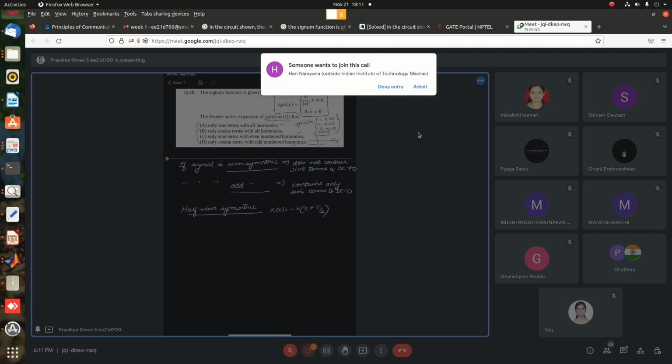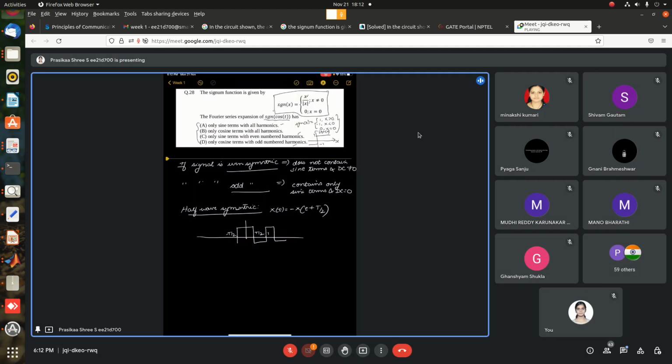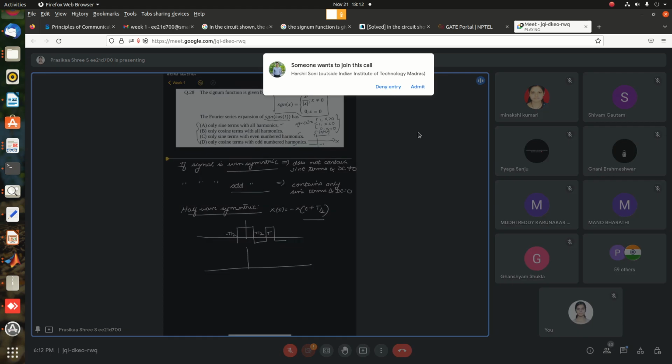Suppose you are having a signal like this, say here you have a point T by 2, here you have a point minus T by 2, here again it is T, like that. Suppose you shift by T by 2 and reverse the amplitude, the shape should be the same.